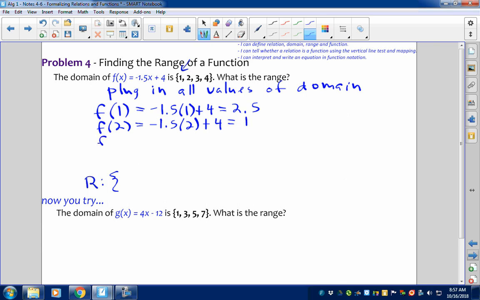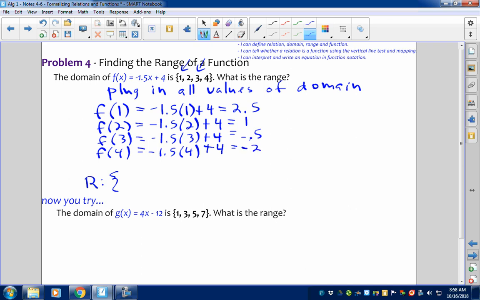And then f of 3 is equal to -1.5 times 3 plus 4. It's -4.5 plus 4 is -0.5. And then f of 4 is equal to -1.5 times 4, and we've got plus 4. So -6 plus 4 is -2.